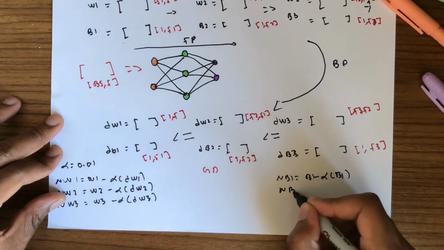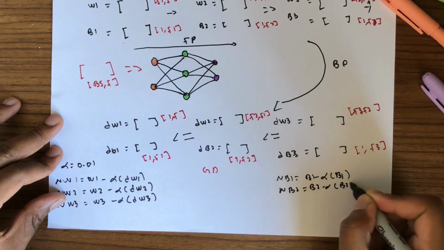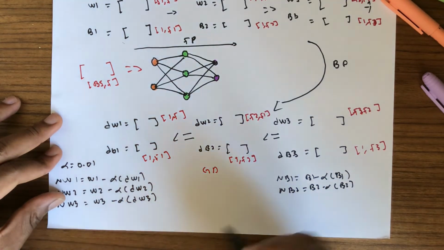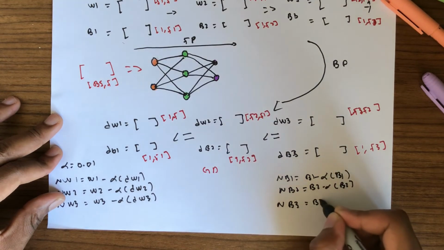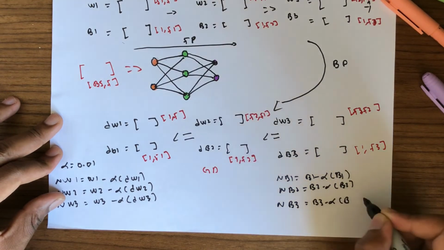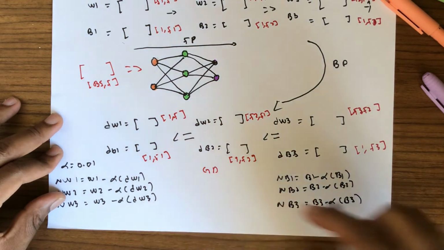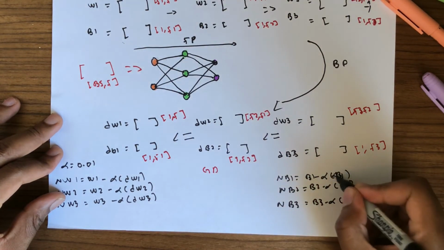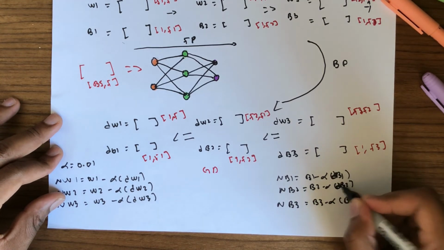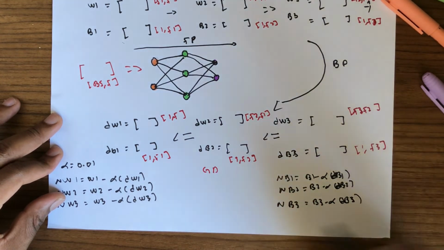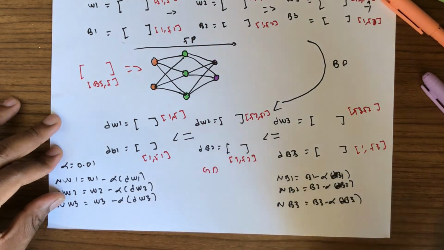New B2 is going to be B2 minus alpha times dB2. And new B3 is going to be B3 minus alpha times dB3. These are the derivatives dB1, dB2 and dB3, right? This one's dB3.